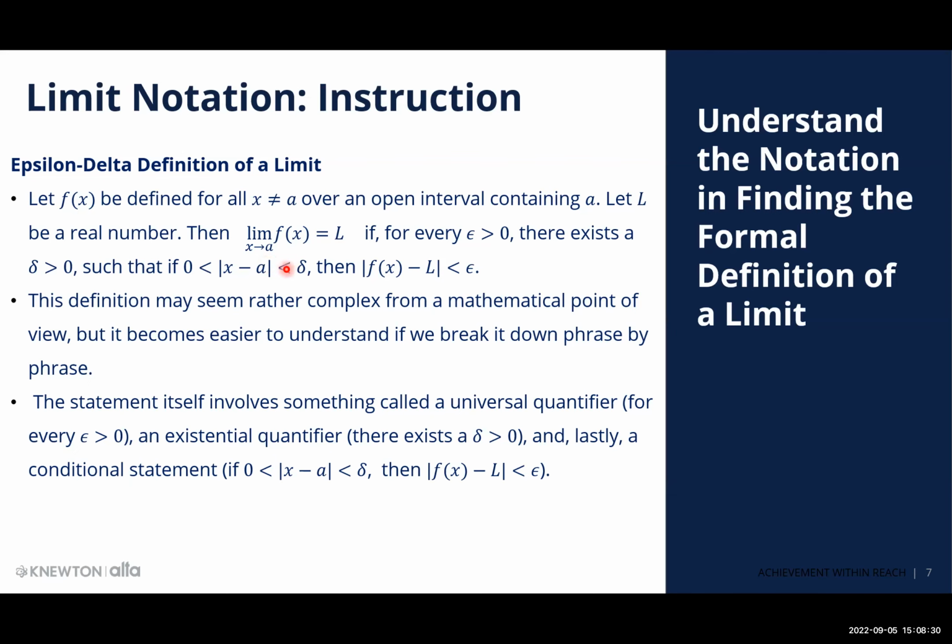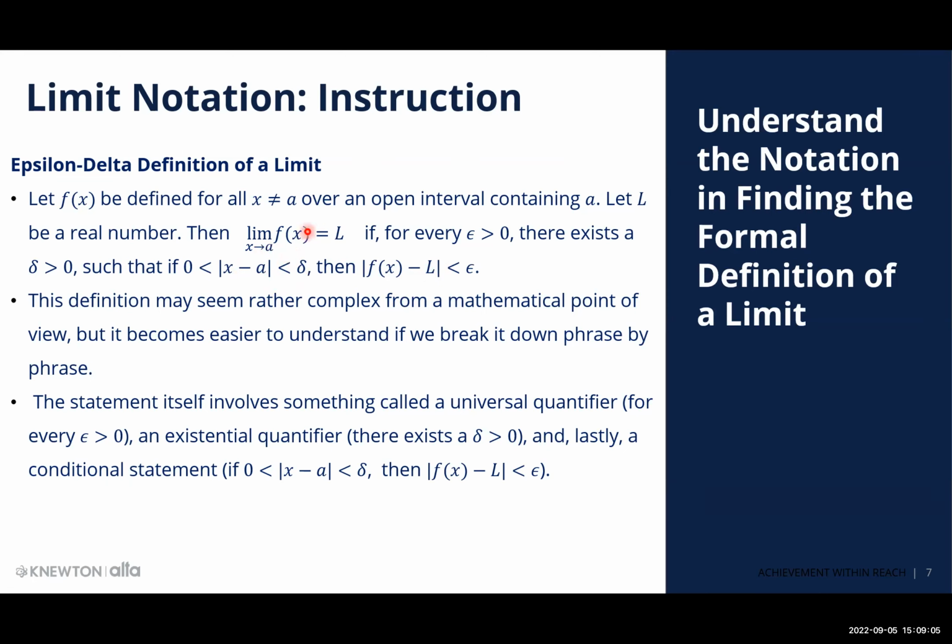So as these get smaller and closer to the value you're approaching, these get closer and closer to L, which is the output you're approaching. So you're approaching the point essentially from two directions. One is horizontal, as you're getting closer to the horizontal point, that's the part you're approaching over here. And then vertically, you're getting closer to L.